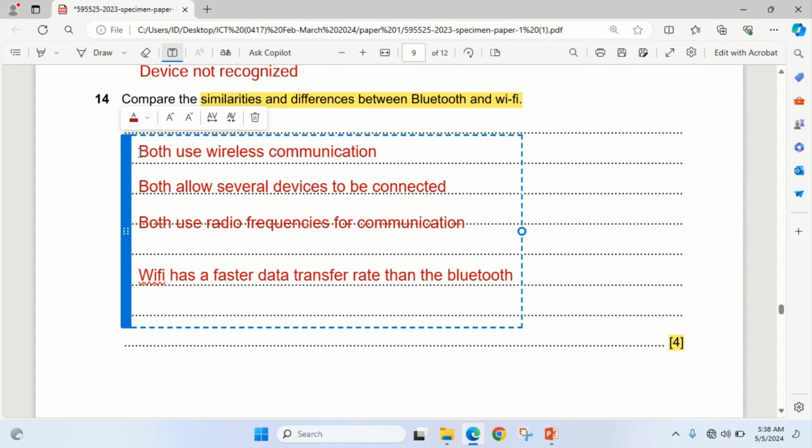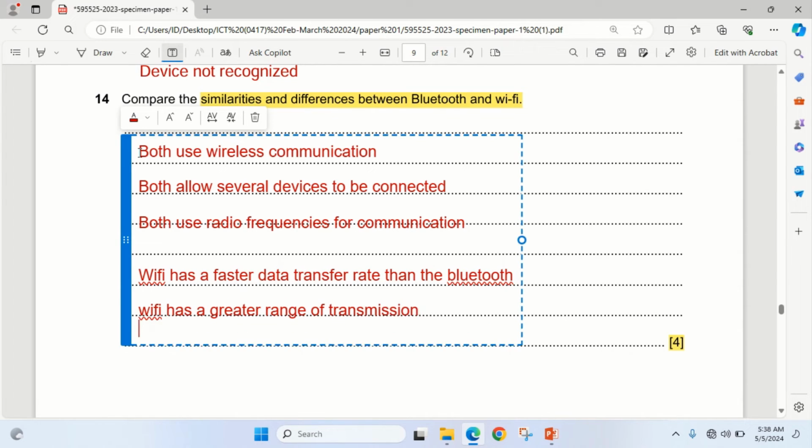You can also say that Wi-Fi has a greater range of transmission. You can also say that Wi-Fi can be broadcast.